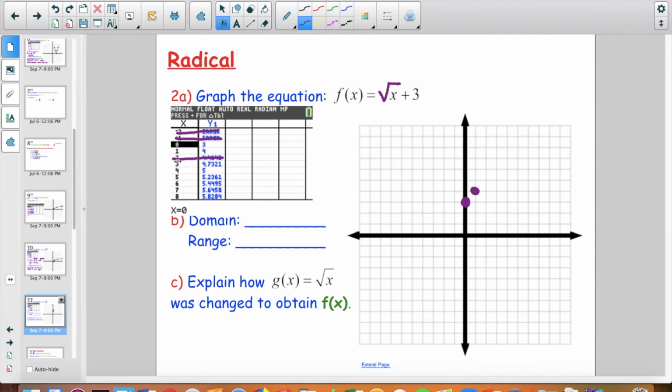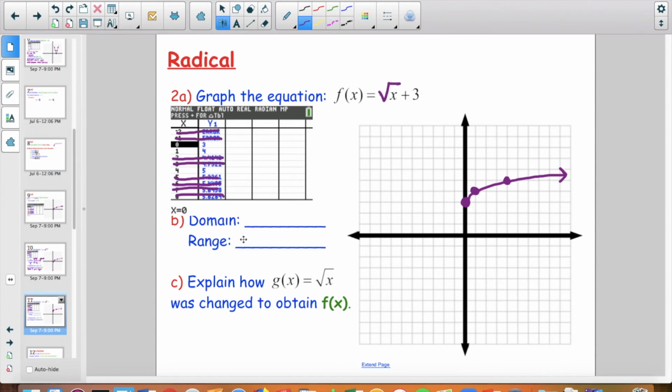Can't graph this, can't graph that. I can graph 4, 5. So 1, 2, 3, 4. 1, 2, 3, 4, 5. And I can't graph any of the rest of these. Okay, so 3 points should be enough. Remember, it starts at that first point. You can't go below it. And you draw your arrow just on the one side, not on the other side.